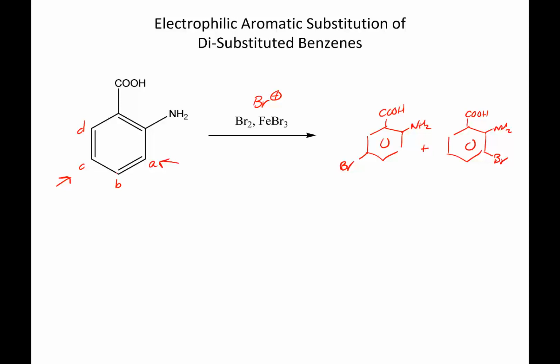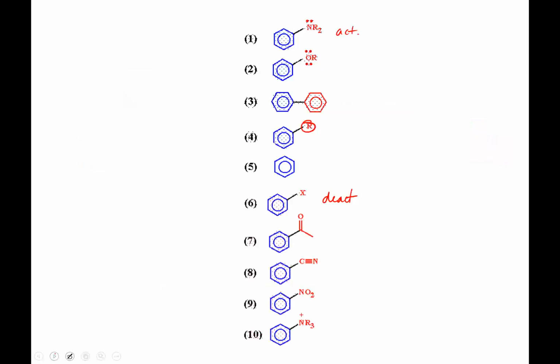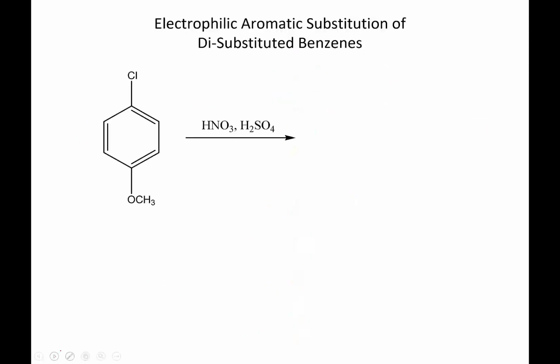I said it was straightforward. Because if you don't know either one of those two things, it's not going to be easy or straightforward. Okay? So that's why we need to take the first step to remember and learn all of those groups. All right, so then that's what you need to know.